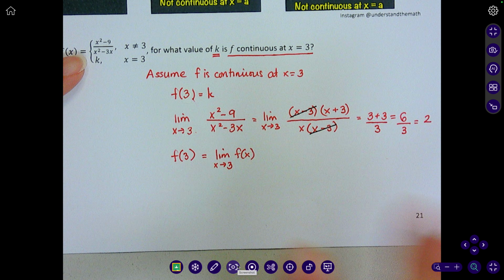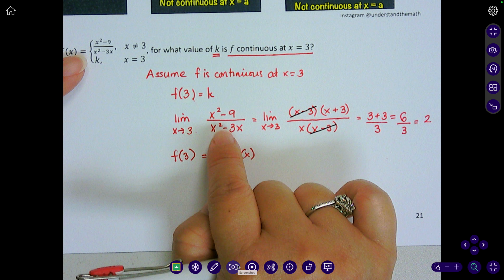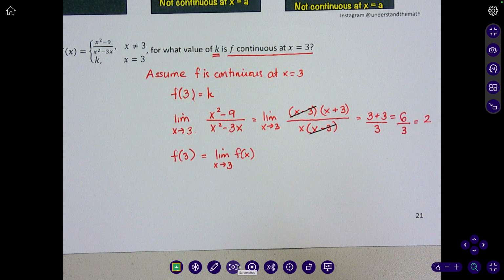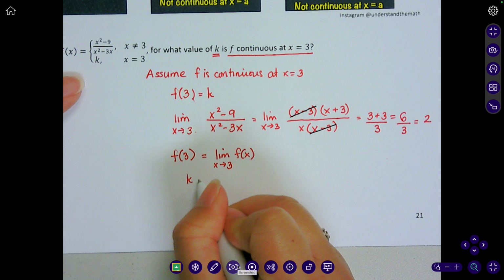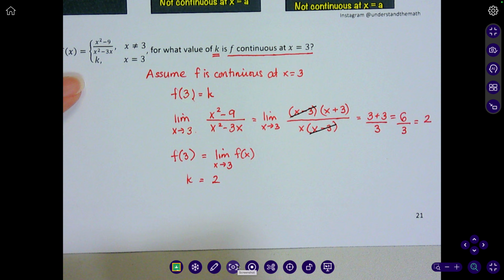Now, when we write this, I don't have to write the expression because that takes too long. I only write that if I need to solve for it, to find the limit. Once I find it, I can just write the notation. So this is k, and the y value of the limit is 2. Therefore, k has to be 2.